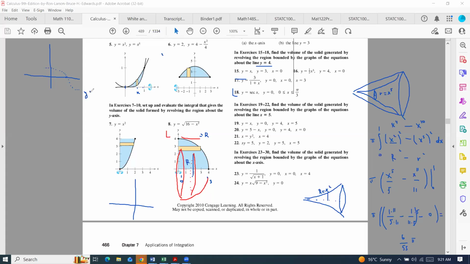And then you need to take its inverse. So you forgot how the graph of cosine looks like. So that's 0 to pi, right? And then you take the inverse.